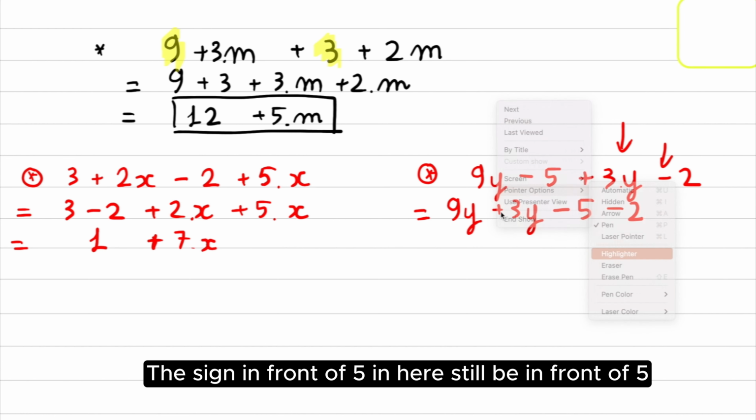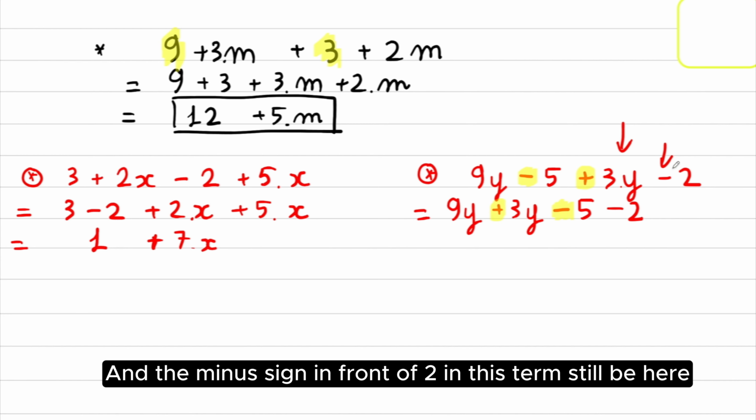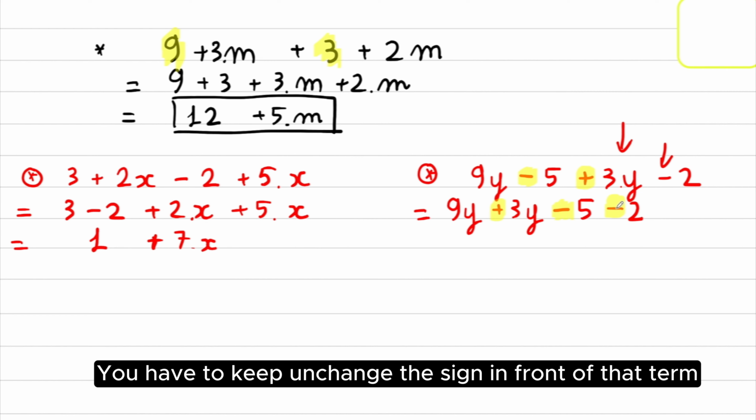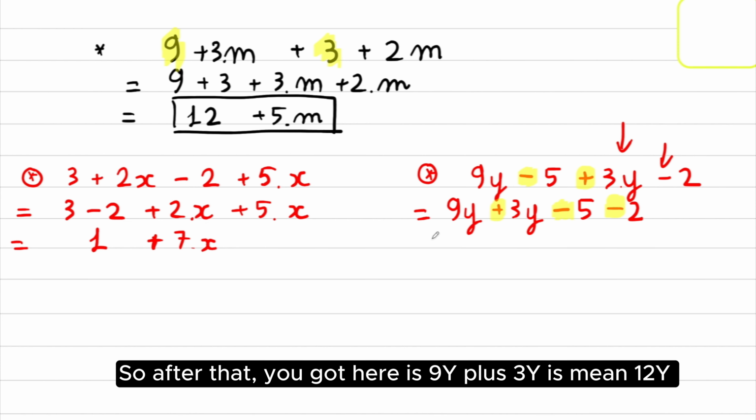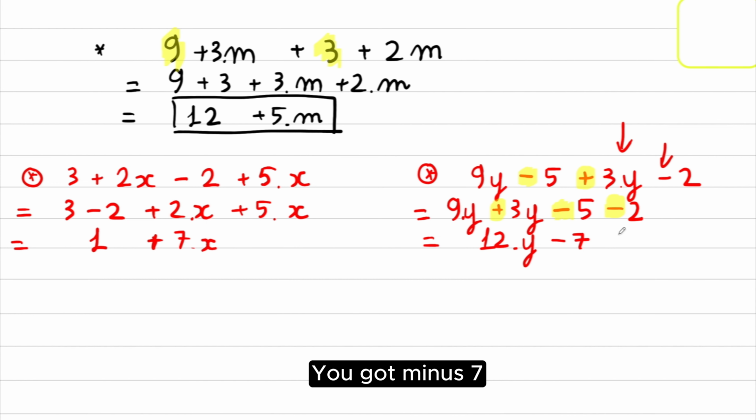The sign in front of 5 here is still in front of 5, the plus sign in front of 3y is still here, and the minus sign in front of 2 in this term is still here. You have to keep unchanged the sign in front of each term. You should not change that. Okay, so after that you have 9y plus 3y, it means 12y. The next terms, minus 5 minus 2, is very easy. You get minus 7.